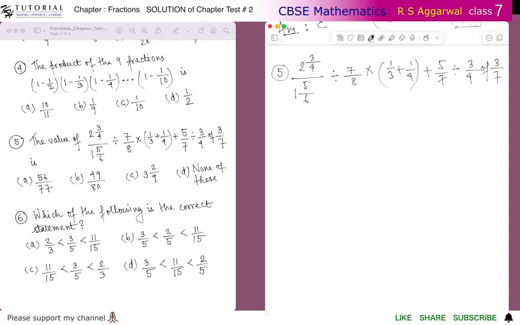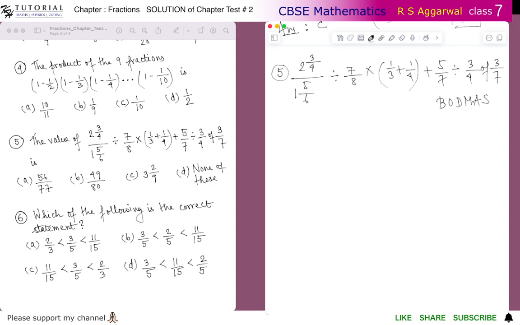So according to BODMAS rule, we have to apply the BODMAS rule for evaluating all the multiplication, division, and the of operators.